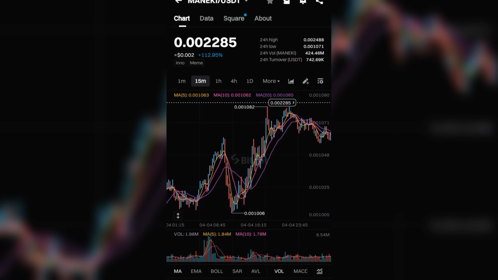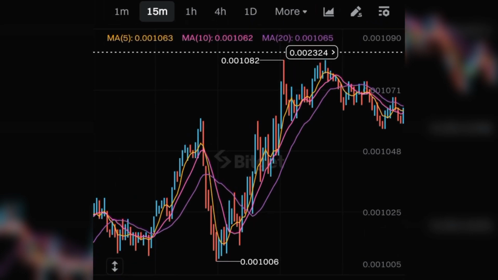This particular indicator only works well on a downtrend or an uptrend. This particular indicator doesn't work for the sideways trend.